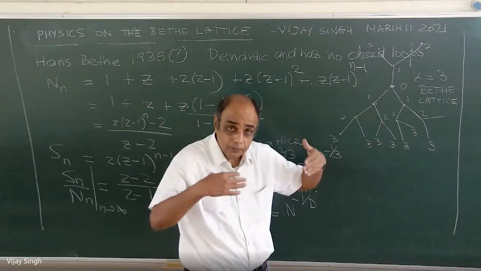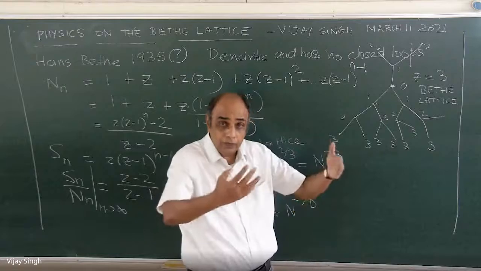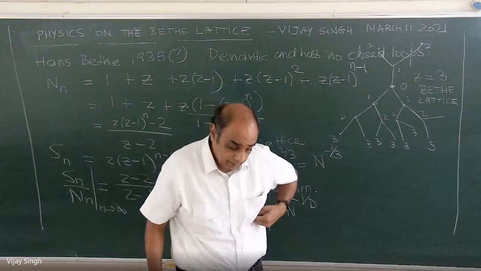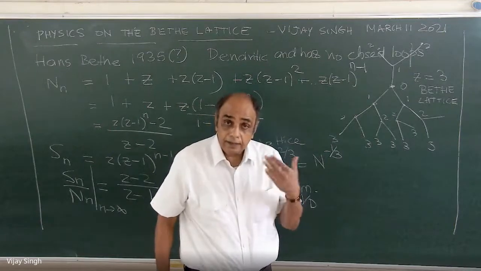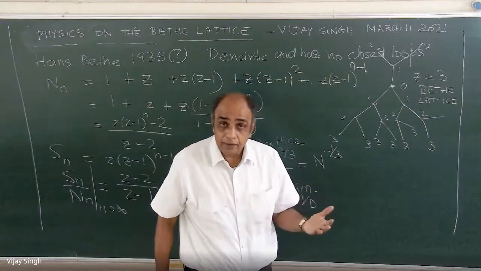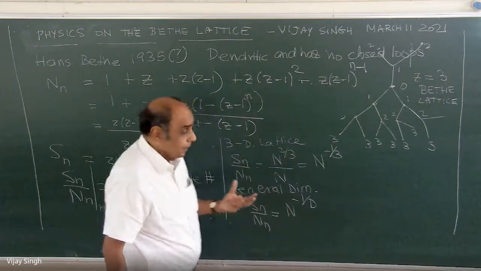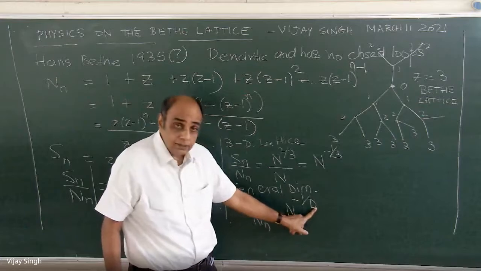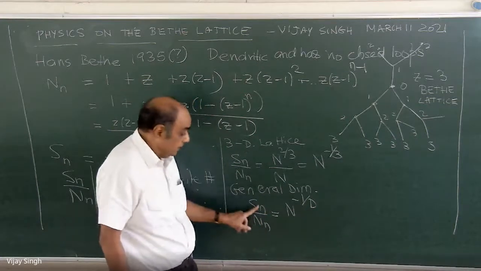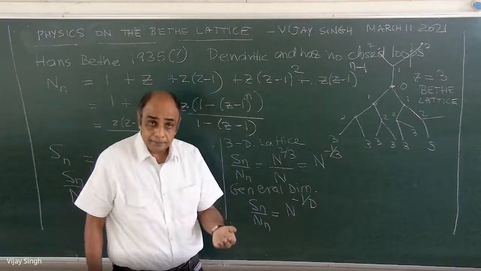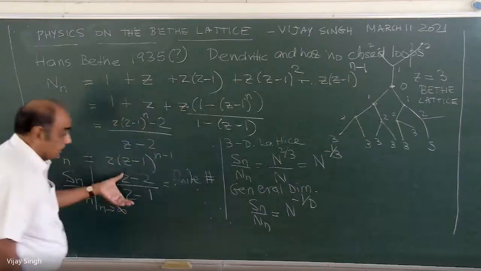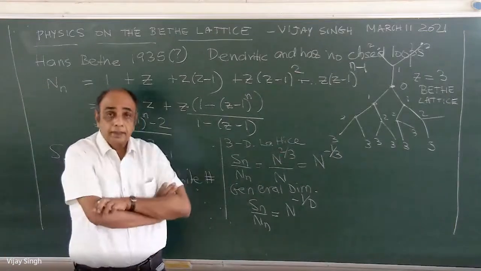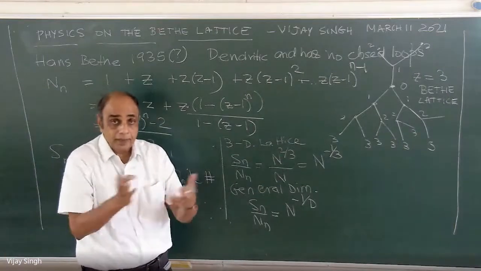And then it goes to the 4th dimension, and it goes into an infinite dimension. And they say therefore that the Bethe lattice resides in an infinite dimensional space. And you can see it also over here that when d is very large, it's only in that case that S n by N n has a finite number. So that is so much for the geometry of the Bethe lattice.